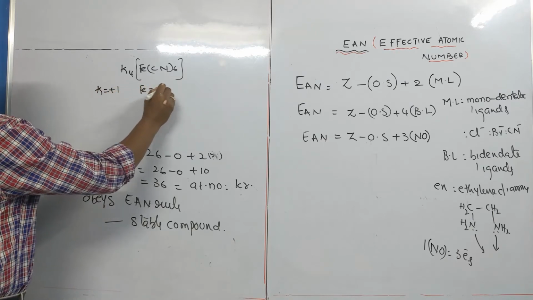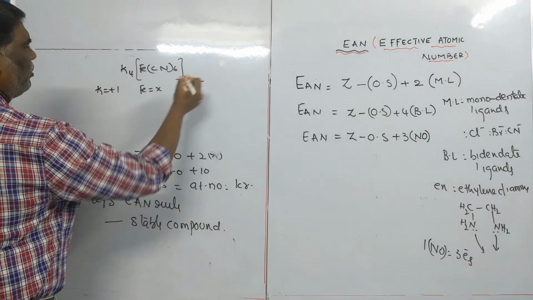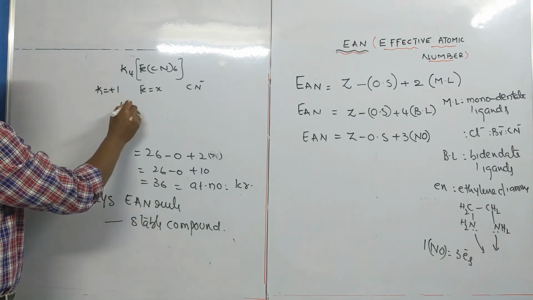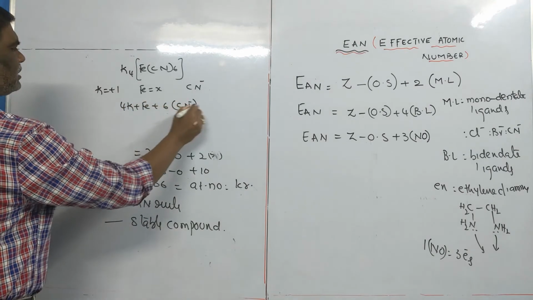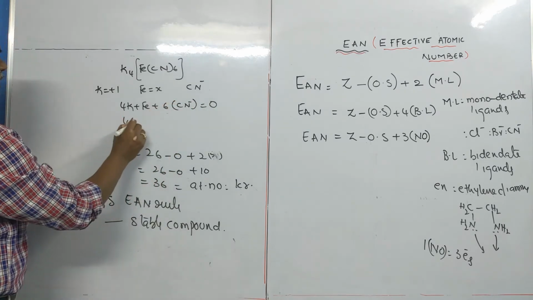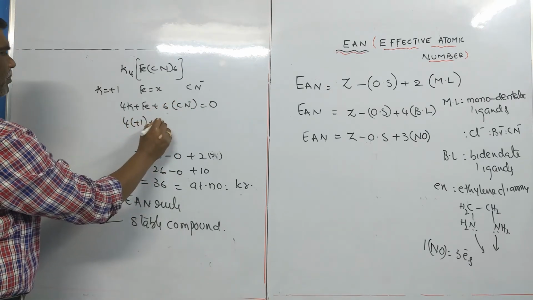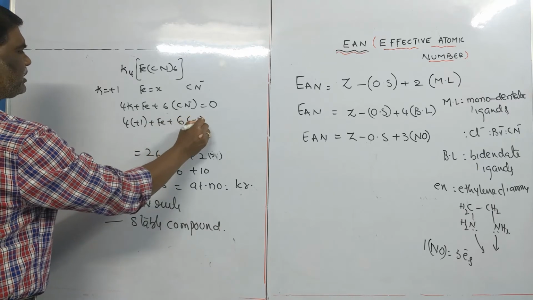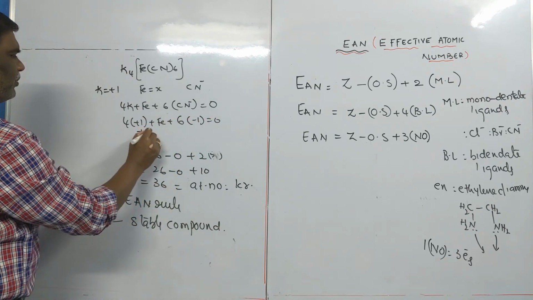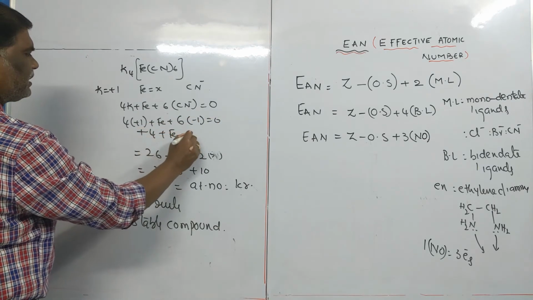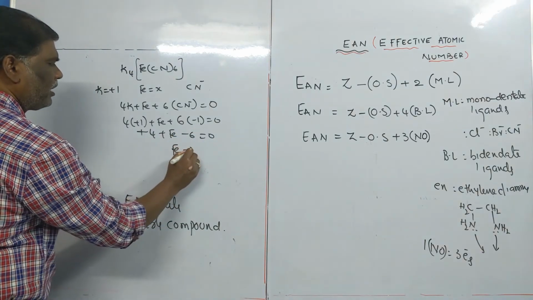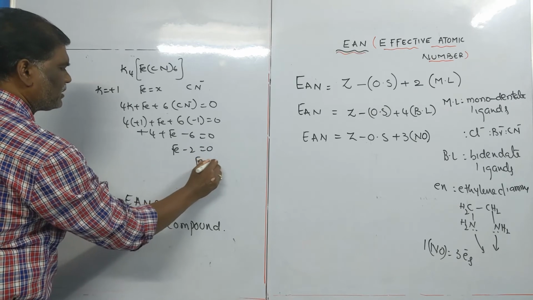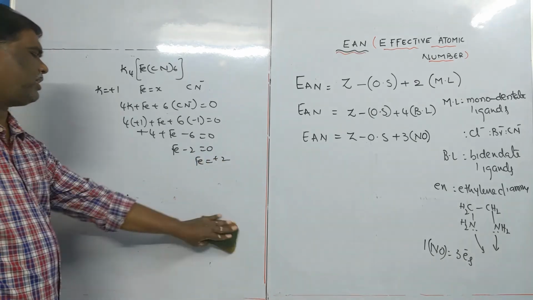Iron, let us suppose, is X. CN has an oxidation state of -1. Now 4 potassiums plus iron plus 6 CN minus is equal to 0. So 4 into +1 plus iron plus 6 into -1 equals 0. Plus 4 plus iron minus 6 equals 0. That's why iron is +2, the oxidation state of iron.